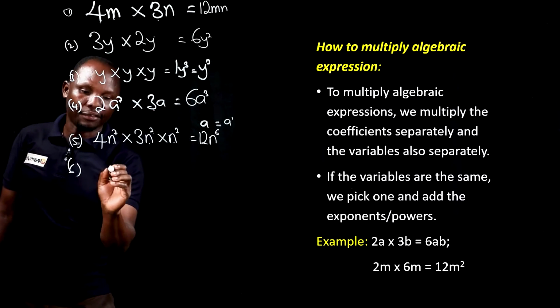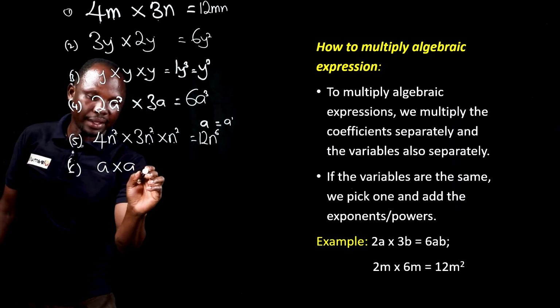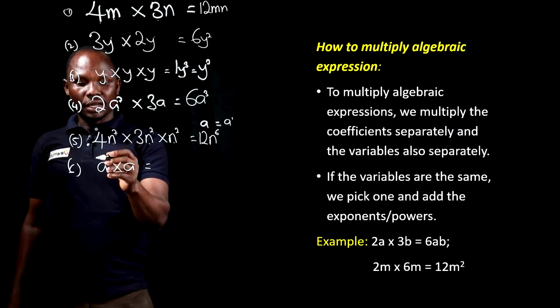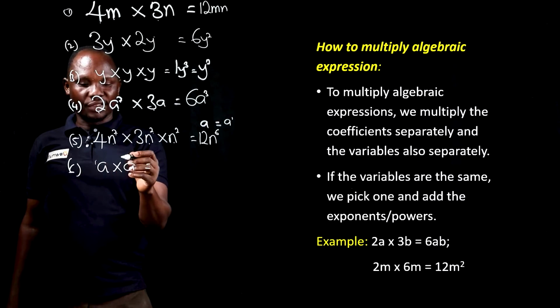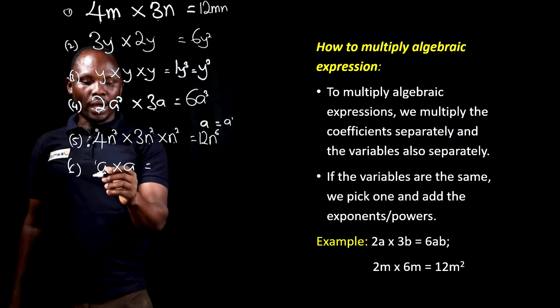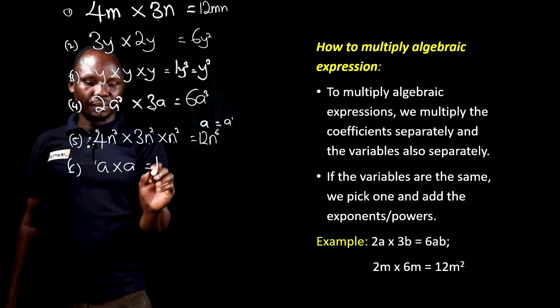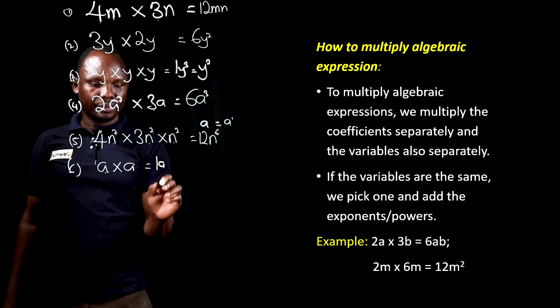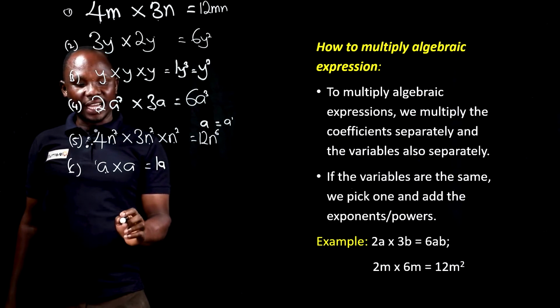So if we have a multiplied by a, in this case, the coefficient here is 1 and the coefficient here is 1. So 1 multiplied by 1 gives us 1. The variables are the same, so we pick one. And then we add their exponents.